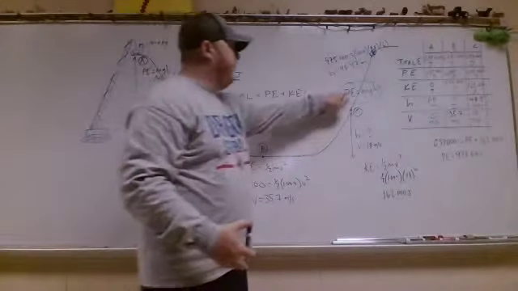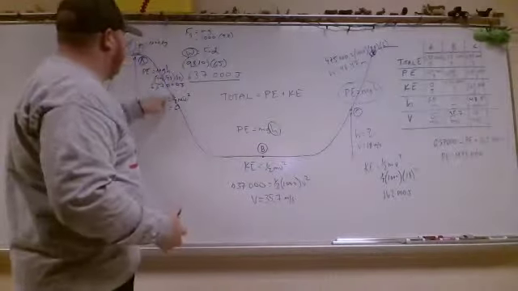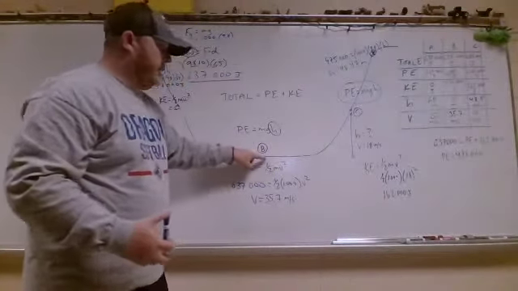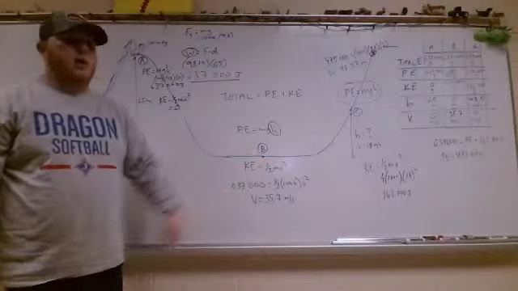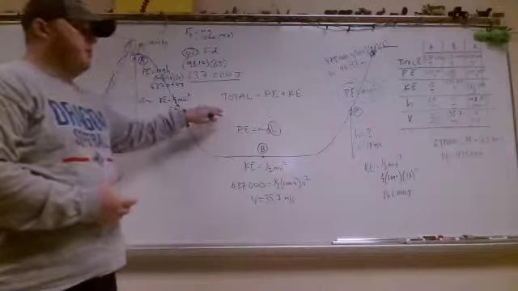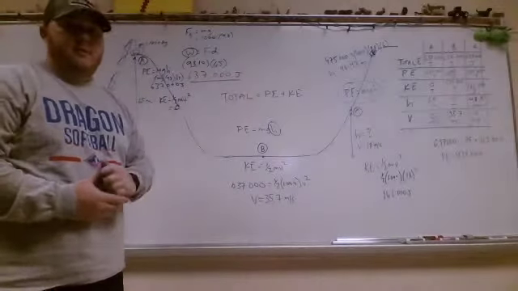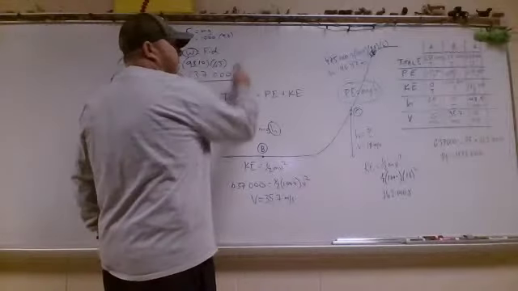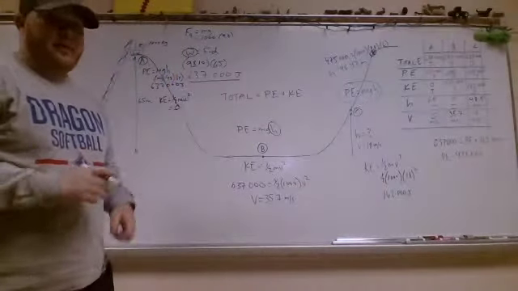It doesn't quite get up that high, and then it just kind of slows down and finally settles down here at the bottom. But we're not having any heat loss because of friction in this problem, so it's going to do this forever.